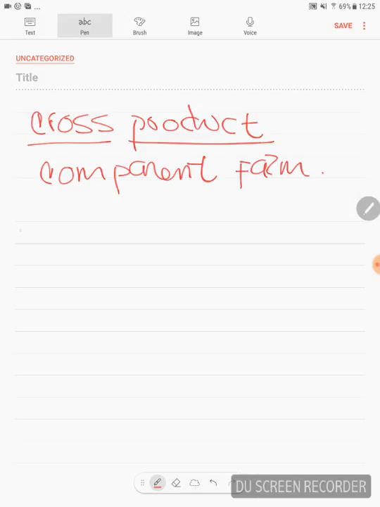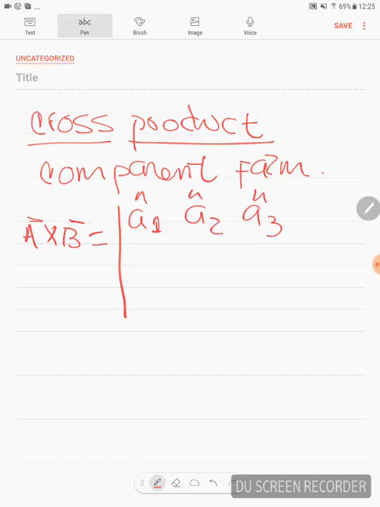So we know the cross product between vectors A and B in non-component form, like in the normal form, we just write the basis vectors, we write the components A1, A2, A3. So this is the typical form in which one writes the cross product.